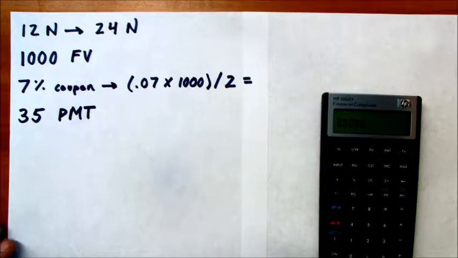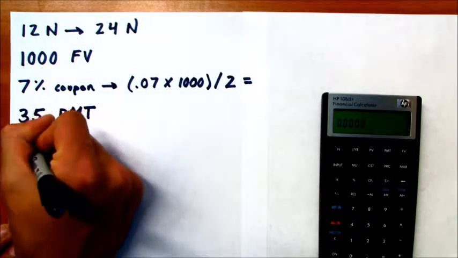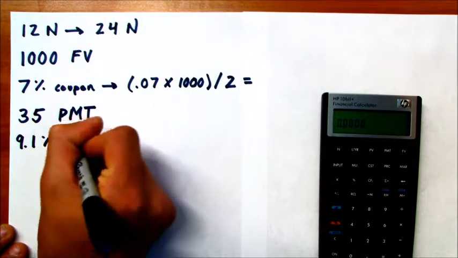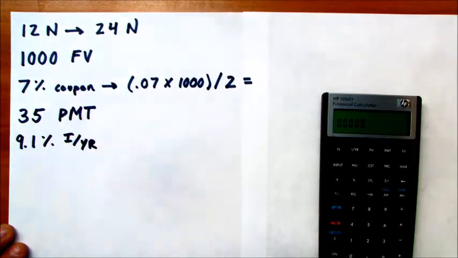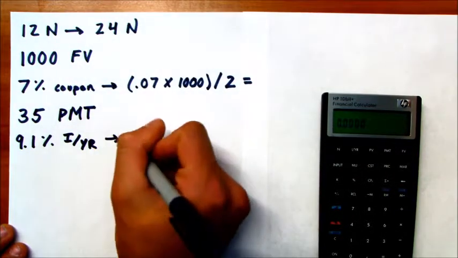The next part, we see that the interest per year is 9.1%. This is represented as 4.55 because of the semi-annual.